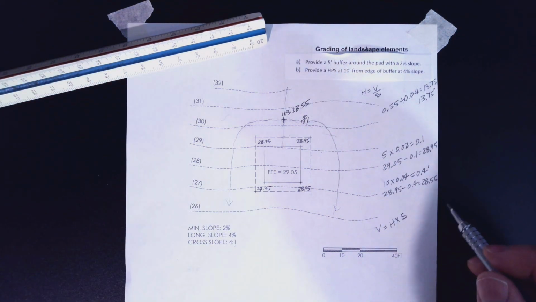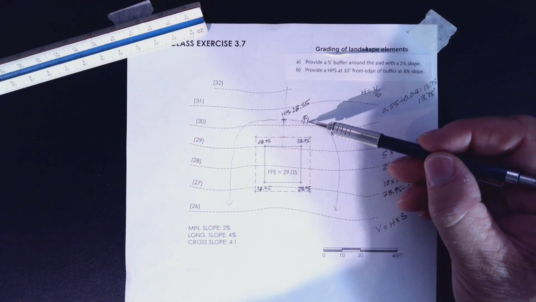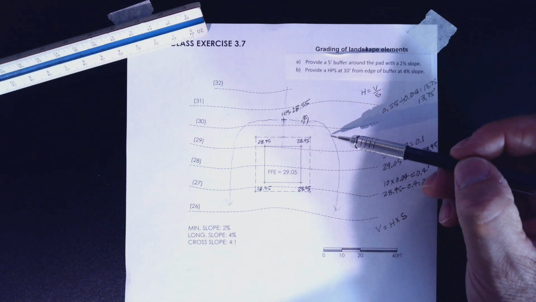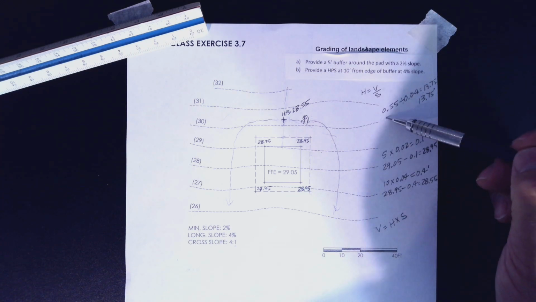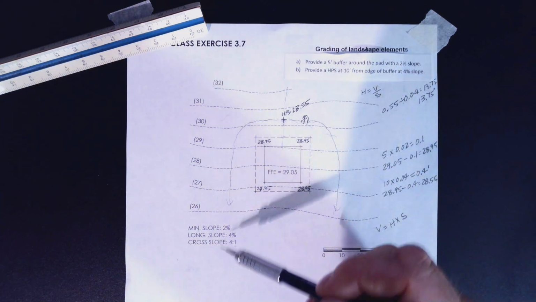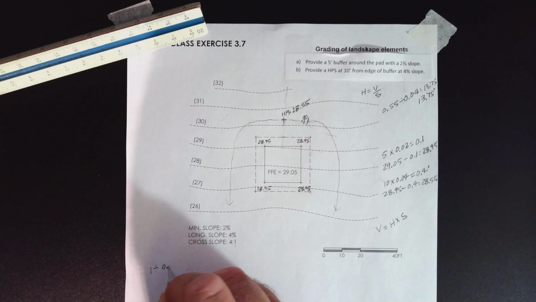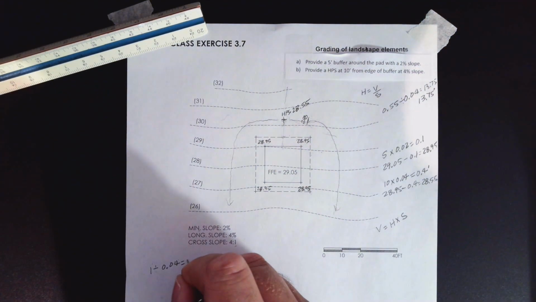Okay? Now, what do we got to do? Now we've got to go from 28 to 27, 26. So now it's a 1 foot drop, right? So instead of 0.55 divided by 0.04, the vertical is 1 foot divided by 0.04, that slope. So let's see here, 1 divided by 0.04 equals 25 feet.